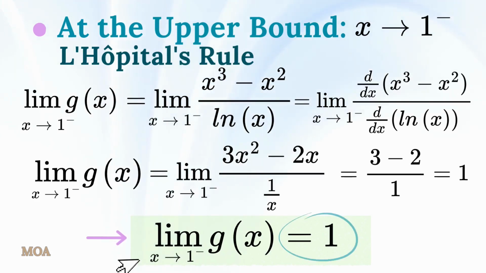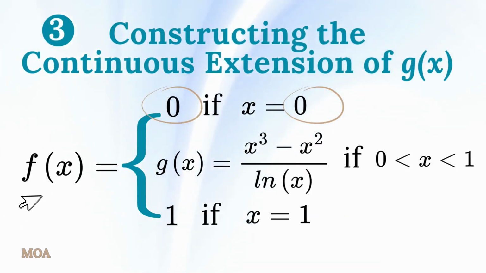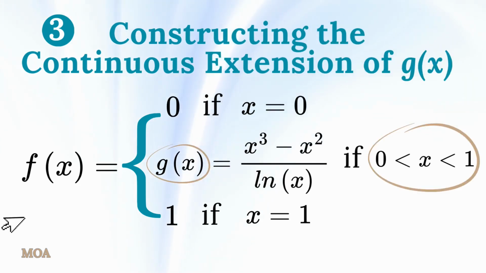Since the limit at 0 from the right and the limit at 1 from the left both exist and are finite, the endpoints are removable discontinuities. We now construct a continuously extended function, f(x), over the closed interval from 0 to 1. When x equals 0, f(x) equals 0. For x strictly between 0 and 1, f(x) equals g(x).